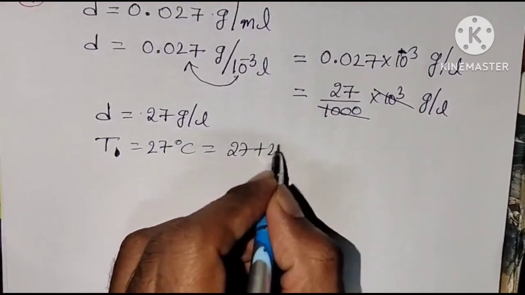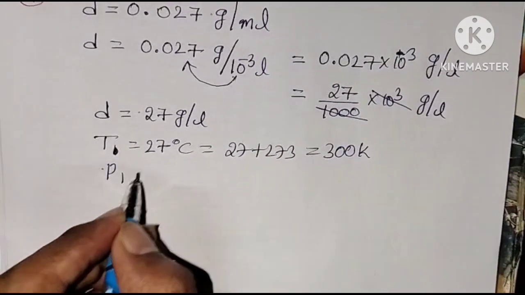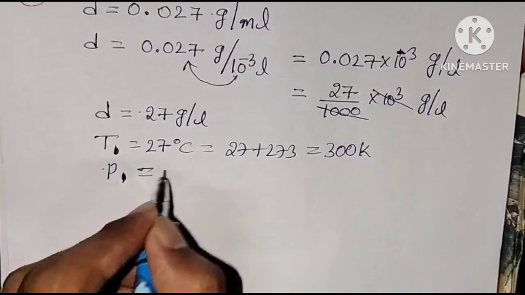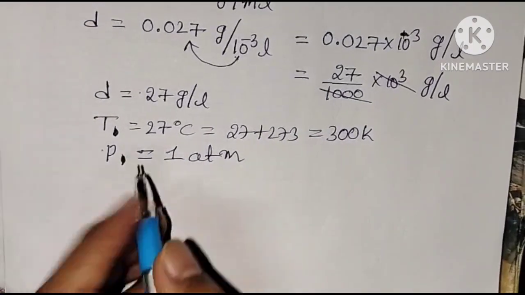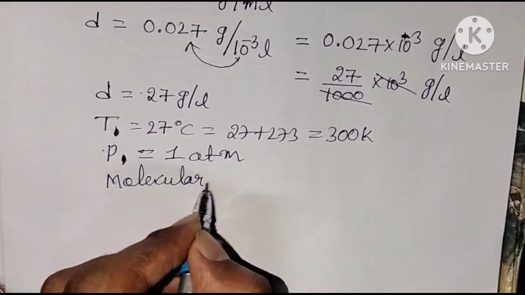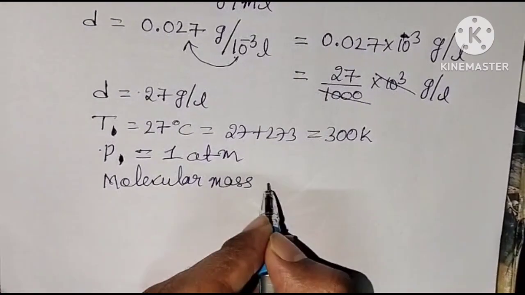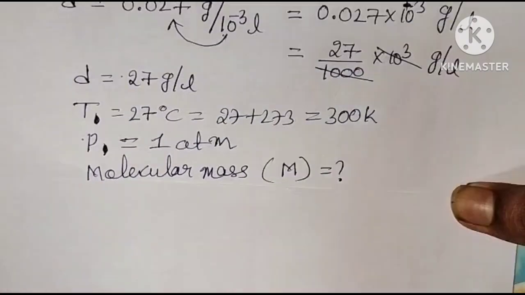Convert it into Kelvin, you will get 300 Kelvin. And the pressure P is 1 atmosphere. We have to find the molecular mass, or molecular weight, M.